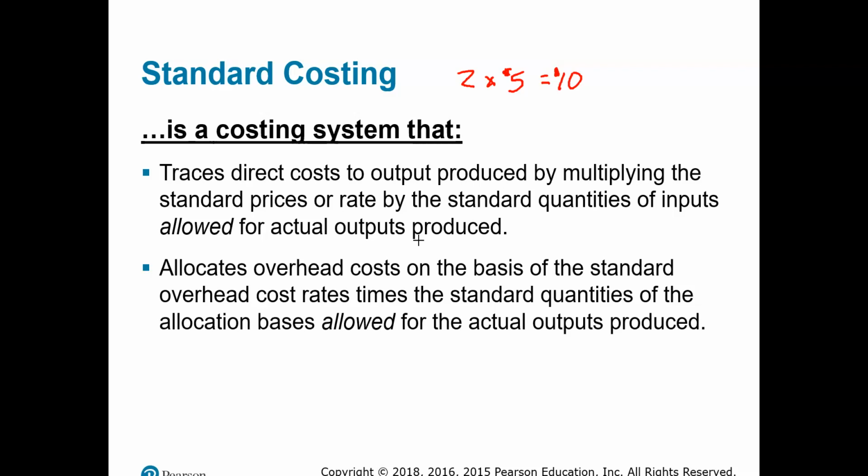And we allocate overhead costs in the standard costing system based on standard overhead cost rates times the standard quantity of the allocation basis allowed for actual outputs.